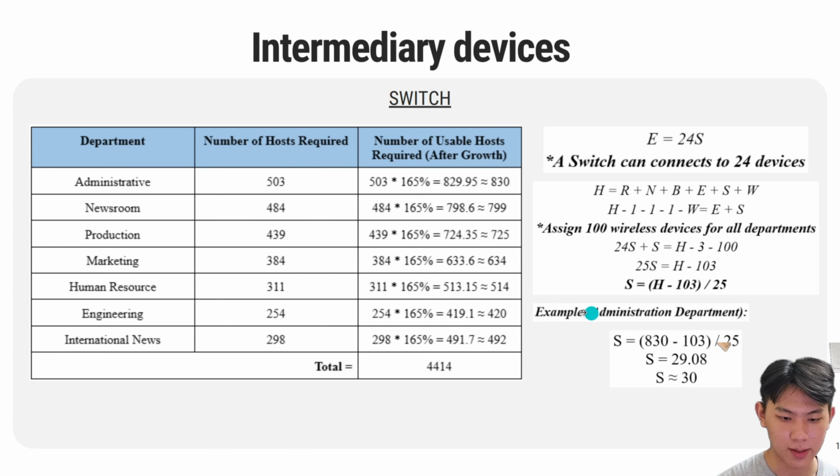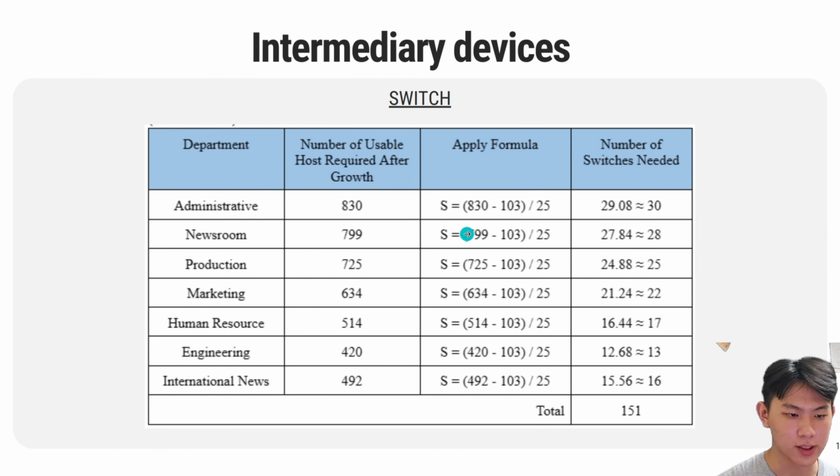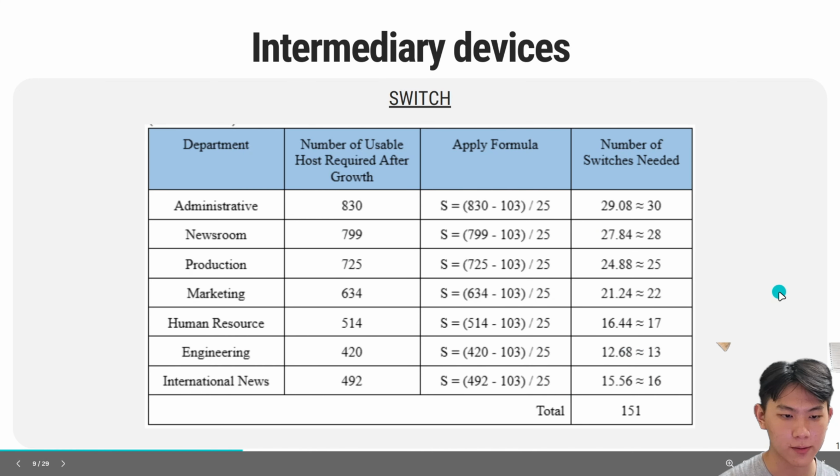We take the administration department as an example. The number of usable hosts required after growth by this department is 830. So we take 830 minus 103 and divide by 25. So we can know that the number of switches needed by this department is 30. After applying the formula to all the departments, we can know that the total number of switches needed in this network topology is 151.